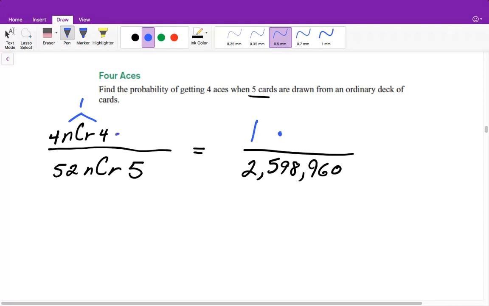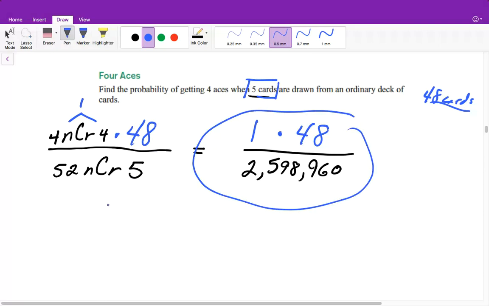And then we're going to have to multiply it by however many other different options we have of picking that 5th card. So when we draw 4 aces, there are going to be 48 cards left over. And we're only picking 1 of them. So there are 48 different options that we can get because we can pick 1 of each card. So that means we need to multiply this by 48. So 1 times 48 will then give me 48. We will need to reduce this fraction.